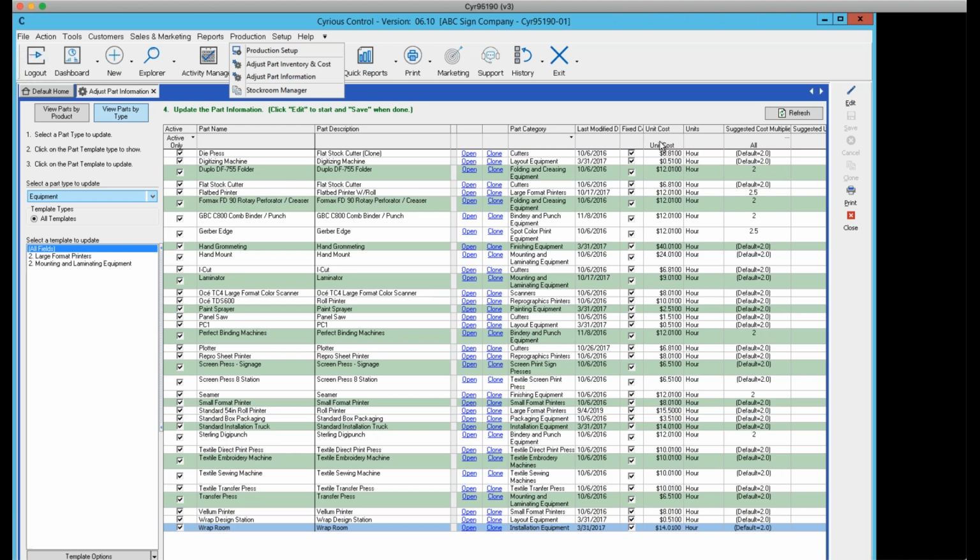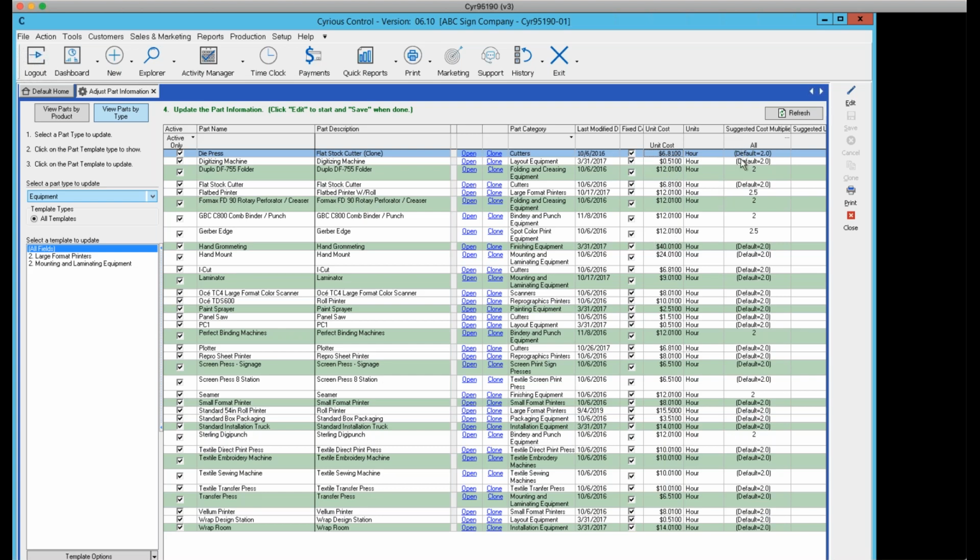The results of that calculator are going to be entered in the unit cost field of each equipment part that you want to update, okay? And then each equipment part, just like labor, has a multiplier. If you're doing costing only, really the only thing that's of significance is the hourly rate.